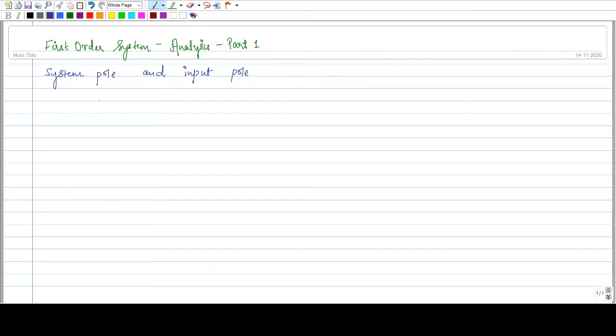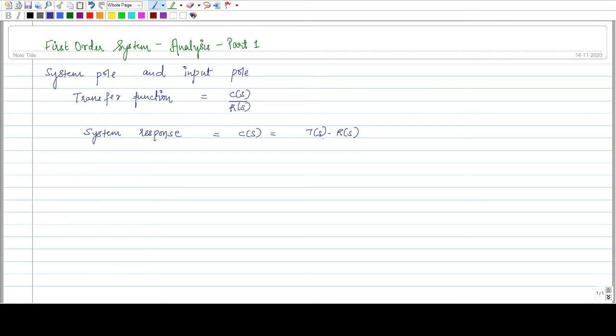Whenever we say a transfer function, it is equal to output, that is C of S, by input R of S. So whenever we are talking about the system response, the system response is equal to T of S, the transfer function, times R of S. Now this transfer function T of S is with respect to the system.